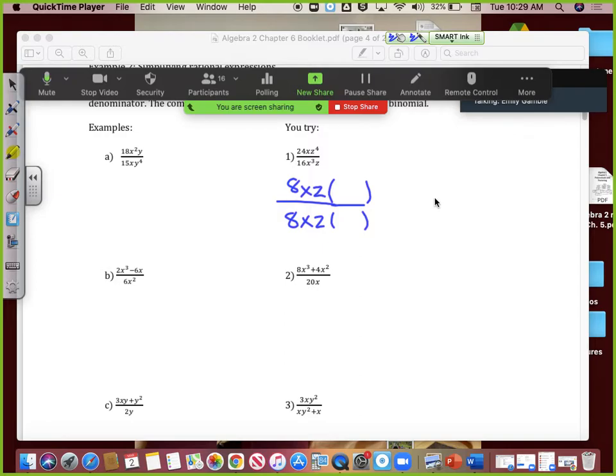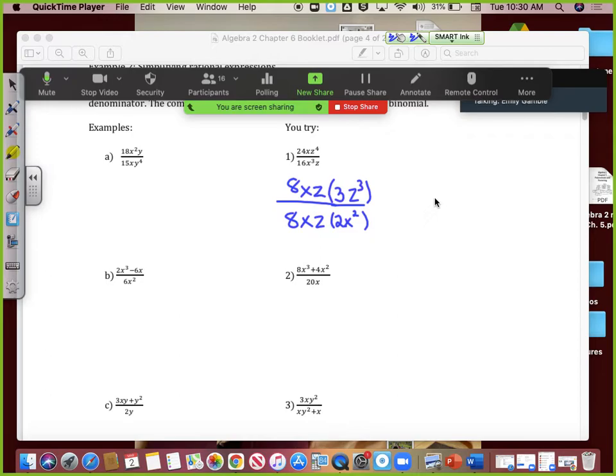So if I take an 8 out of 24, I have a 3 here. I take the only x out, so there's no x's left. I take one z out of z to the 4th, so I'm left with z to the 3rd here on the inside. And then I take an 8 out of 16, I'm left with 2. I take one x out of x to the 3rd, so I'm left with x to the 2nd power. And I take the only z out, so there's nothing else there.